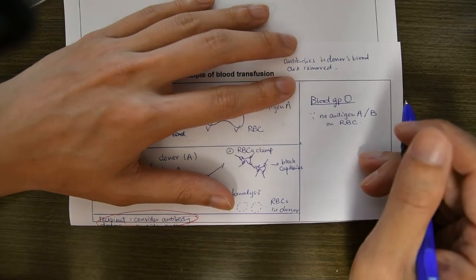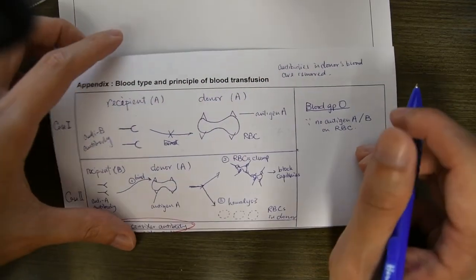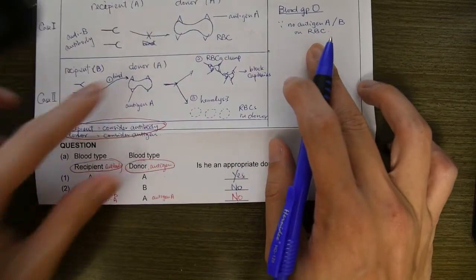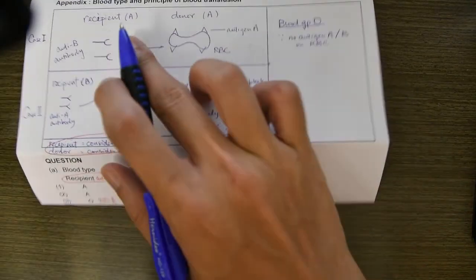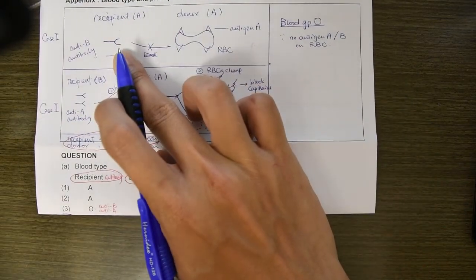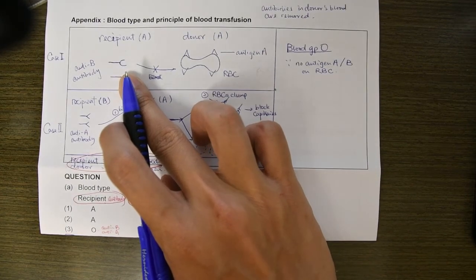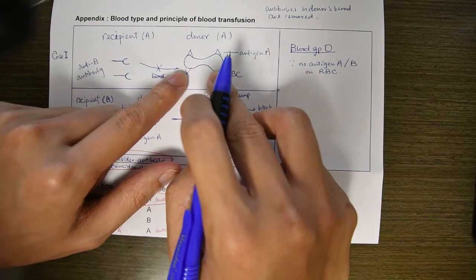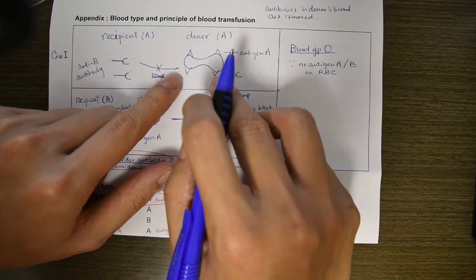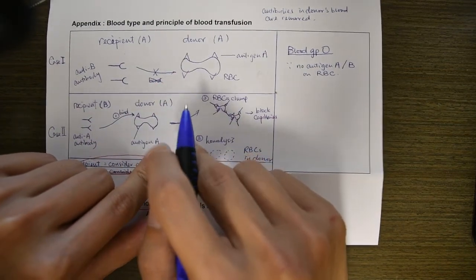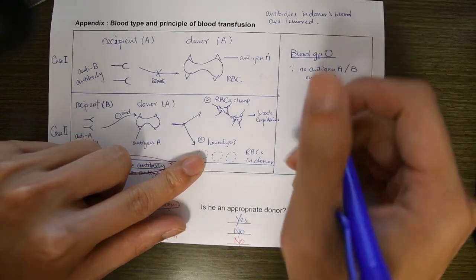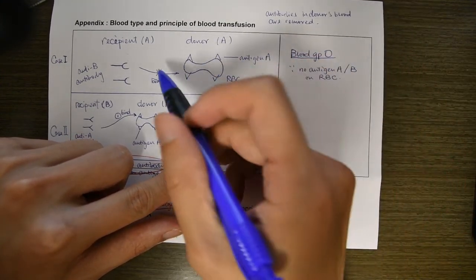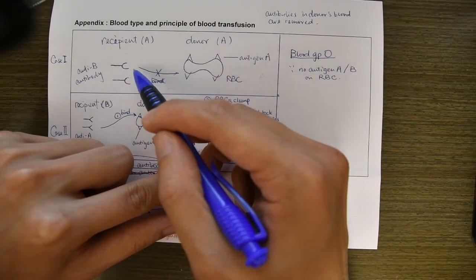Now because of this, imagine it now acts as a donor. No matter what antibody is present in the recipient, it doesn't matter anymore because there's no antigen at all on the red blood cell, so there will be no immune response here. So therefore, blood group O can donate blood to any recipient.